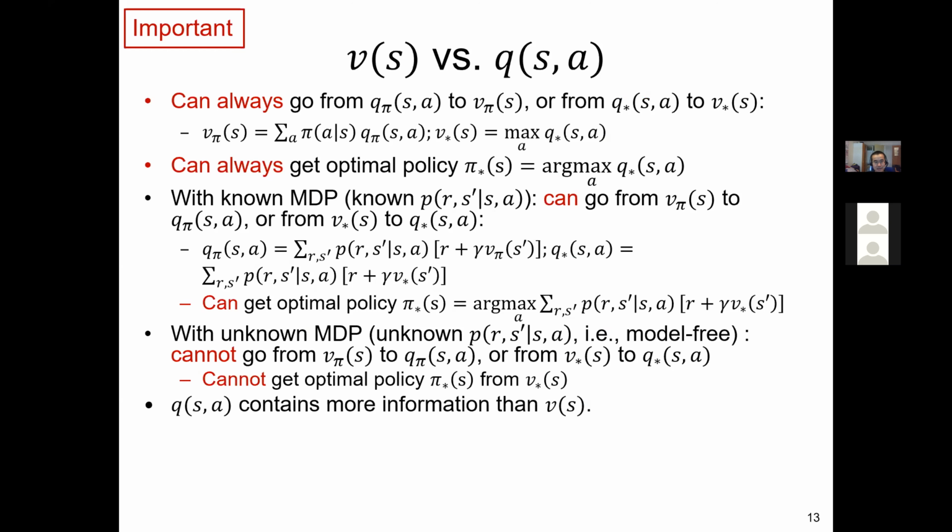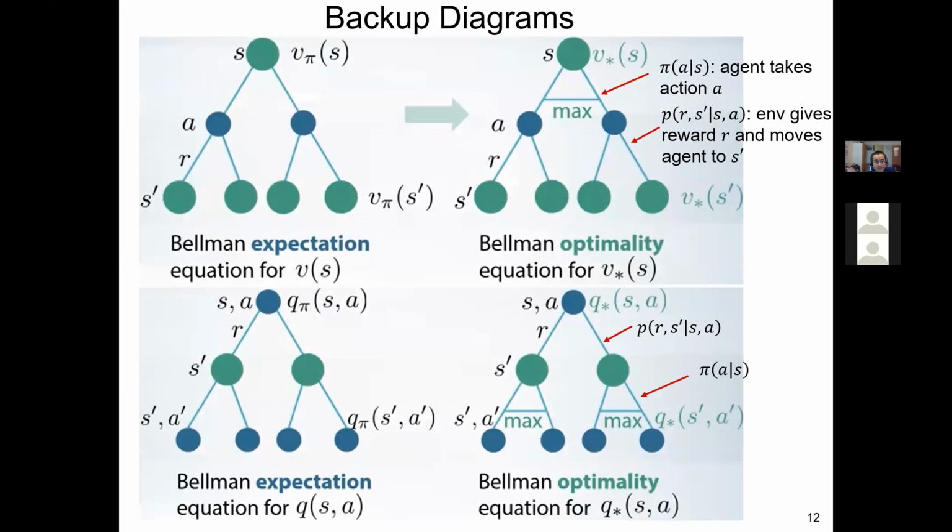You can imagine this by looking at the backup diagram again. From Q pi or Q star, you back up one level. At this point, look at this: on the top, you back up from the blue node to the green node.